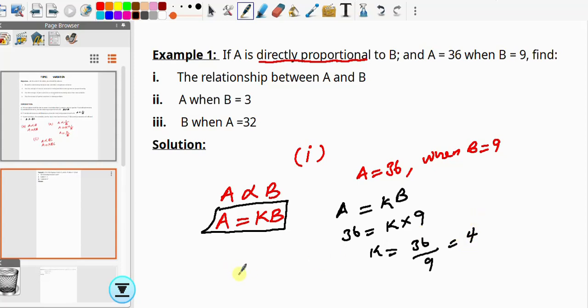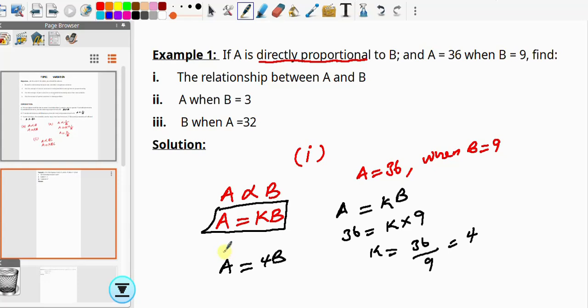So now let's substitute this 4 into this equation back. Then we have A equals 4B. This is now the equation that we'll be using to solve the other questions.